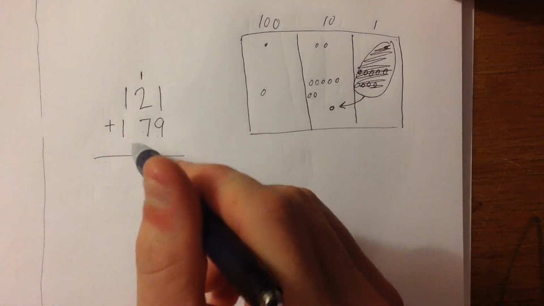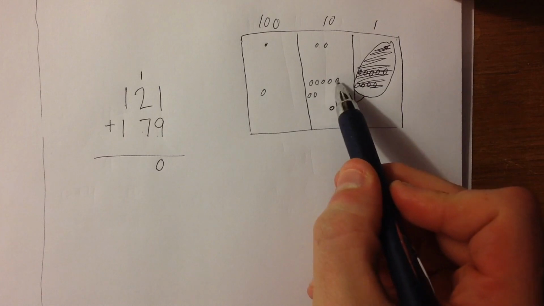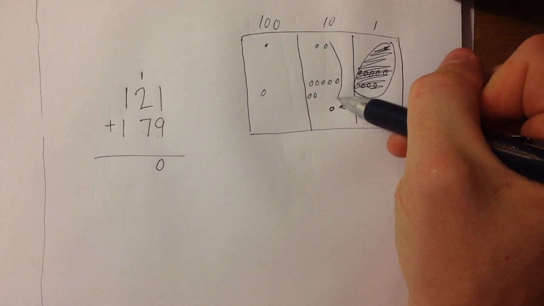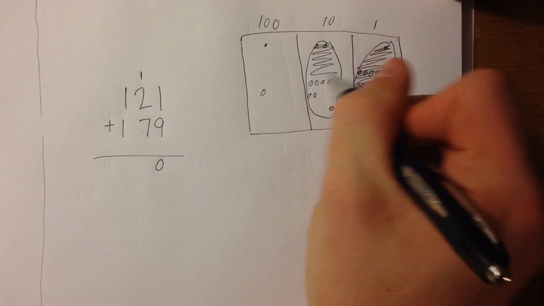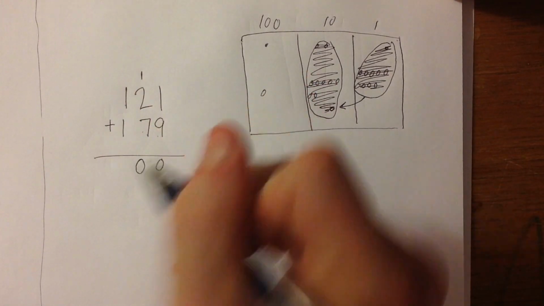Now we add the tens together. 1, 2, 3, 4, 5, 6, 7, 8, 9, 10. 10 makes a happy family, so we can circle it. Get them on out of here. Write a 0 right there.